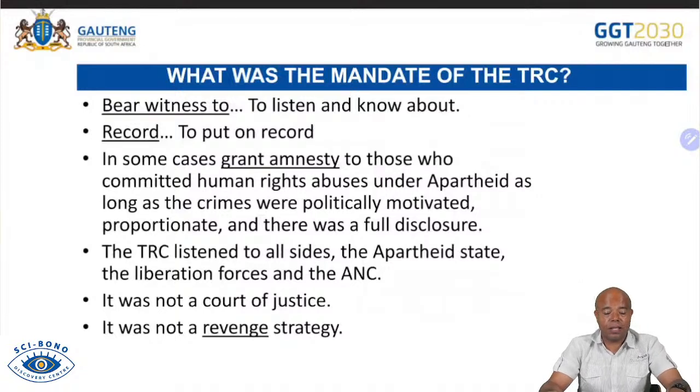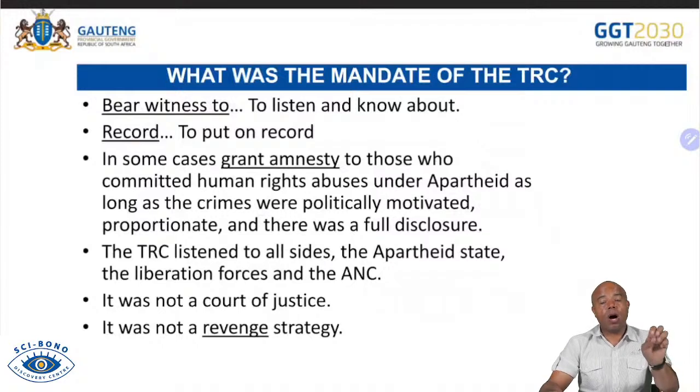Now, what was the mandate of the TRC? The first part is they must bear witness. Meaning, what is bear witness? They must listen and know what transpired, basically. Second point, they must record. They must put it on record. Third one, in some cases, they can grant amnesty to those who committed human rights abuses under apartheid, as long as the crimes were politically motivated, proportionate, and there was full disclosure.